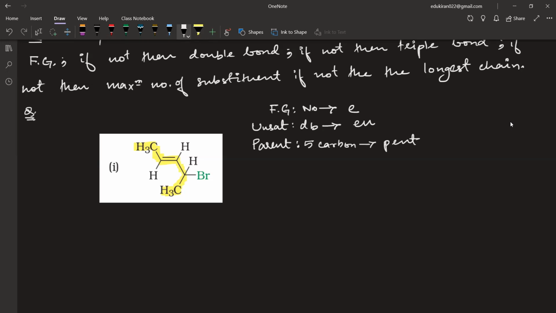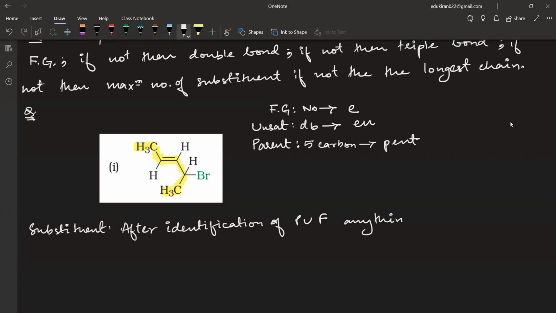Now, one thing you will remember about substituent. What is a substituent? Please write this. After identification of PUFF, which is Parent, Unsaturation, Functional group, anything that remains is a substituent.